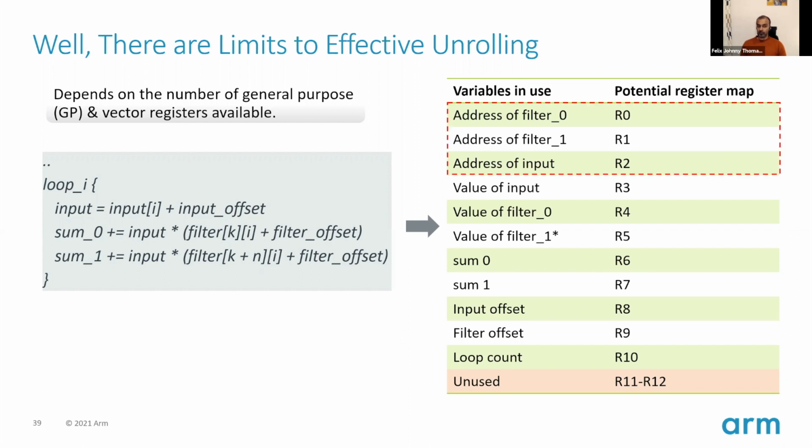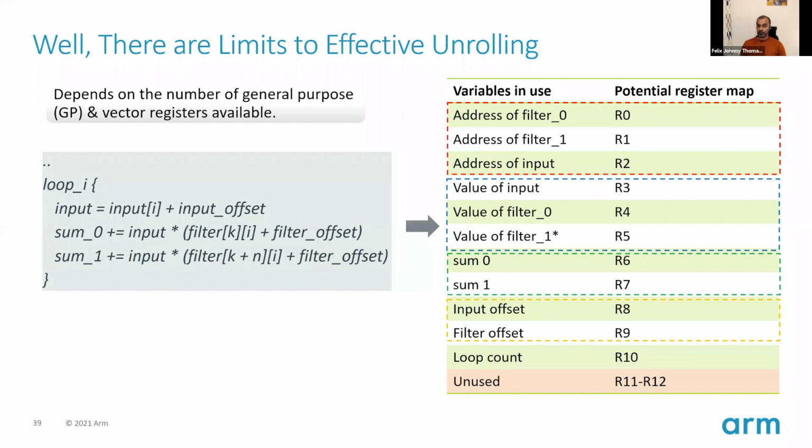You have 3 addresses in the inner loop, and let's say we assign registers R0 to R2 for that. You need 3 values read out from those addresses, so let's put in 3 more registers there. And 2 registers to hold the sum, 2 for the offsets, and 1 for the loop count. That leaves us with just 2 empty registers.